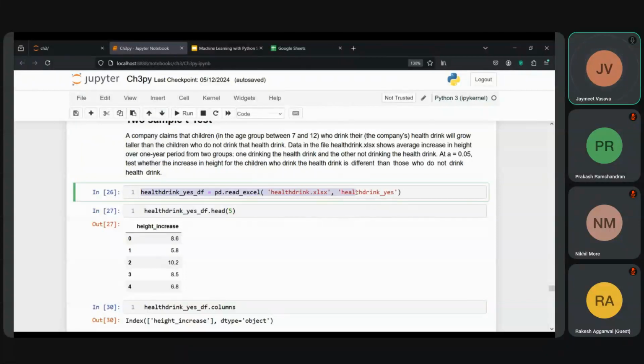We are reading the data set, then printing the first five values for it.